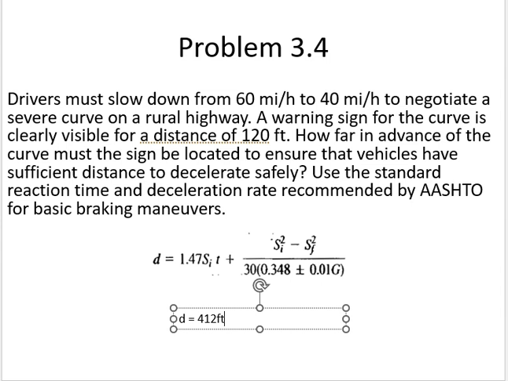Now they have given me a value of 120, a distance of 120. This is the distance between what and what? Between 60 and 40, you have a distance of 412 feet. Remember?